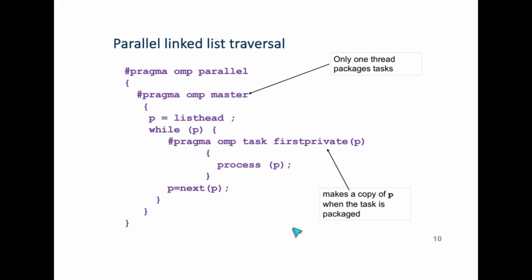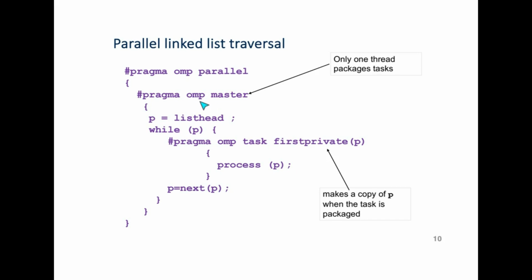However, with tasks, it actually becomes really quite nice and straightforward. So again, I'm going to use this parallel master pattern. Use the parallel region to create some threads to execute the tasks. Then just use the master thread only to traverse the list and package up the tasks.